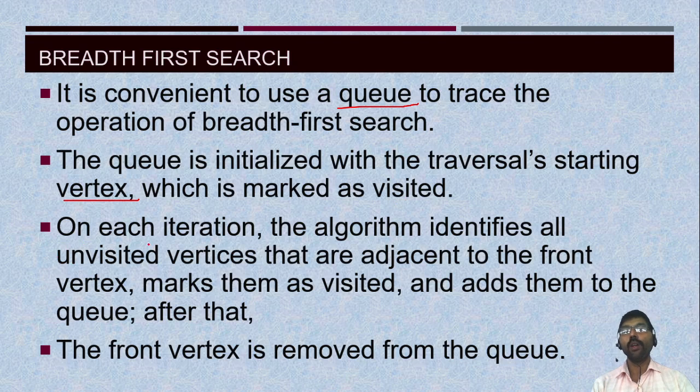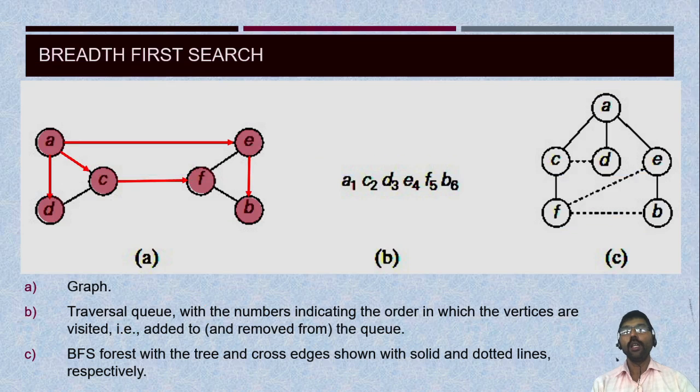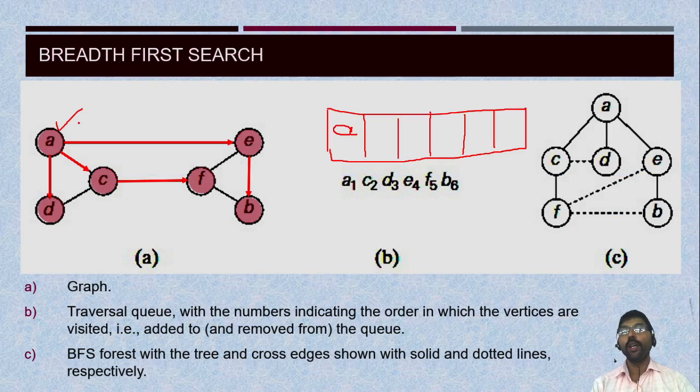On each iteration, the algorithm identifies all the unvisited vertices that are adjacent to the front vertex, marks them as visited, and adds them to the queue. In this case, first I will visit A, add A to the queue, and mark it as visited here.